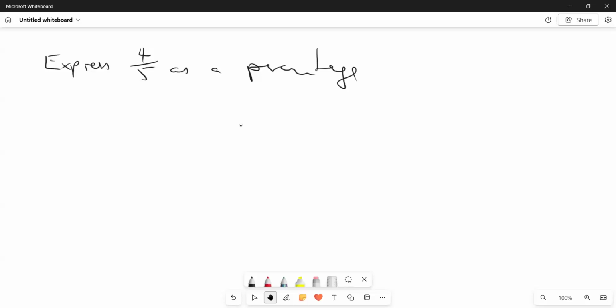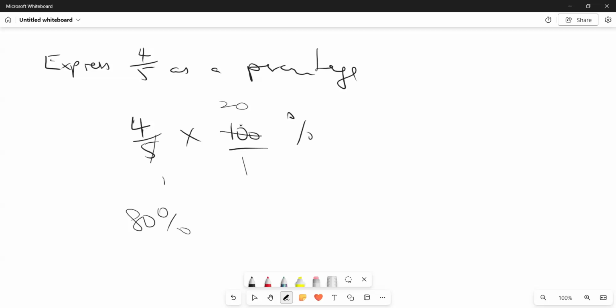Is it 4/5 multiplied by 100 over 1? 80%. Exactly. 4/5 multiplied by 100%, and you can punch it in the calculator: 4 times 100 divided by 5. Some people cancel out 5 times 20, then multiply that and you get 80%. You choose what you want to do.